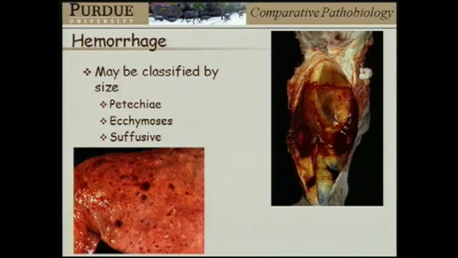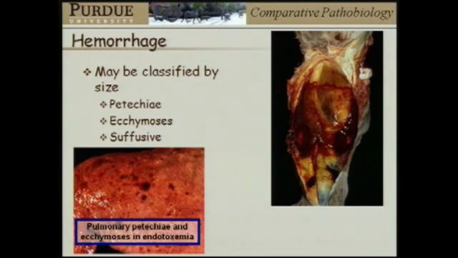Hemorrhage, another circulatory disturbance, can be classified by size. So you know that the tiniest hemorrhages, the ones that are pinpoint, we can barely see them, we call petechiae. If they're a little bit larger, a few millimeters, maybe a centimeter in diameter, we'll call those ecchymoses.